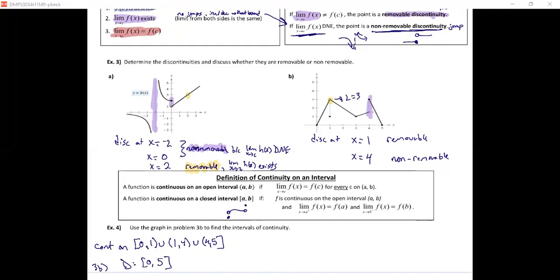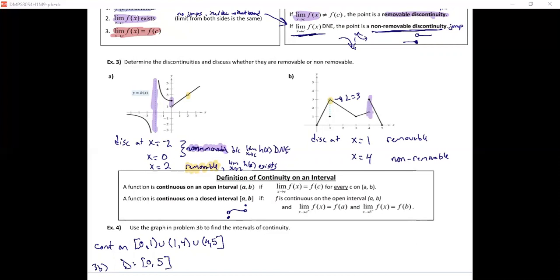And so domain definitely helps us understand what functions are doing. But then if we take it to that next level and say, we have our domain, what is the continuity on that domain? It allows us to get good information from the function without actually having to see the graph. So knowing that we have discontinuities gives us more information.